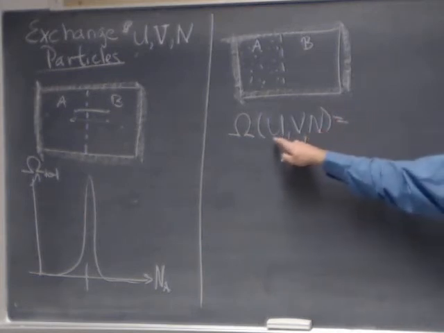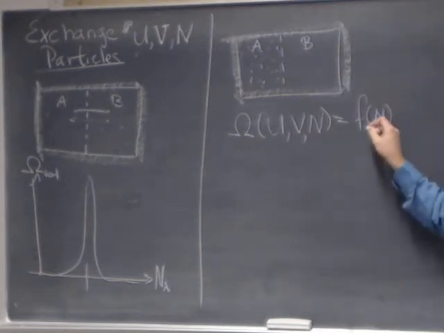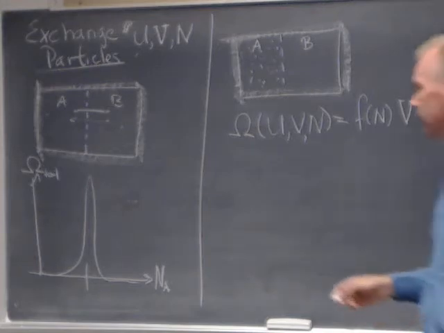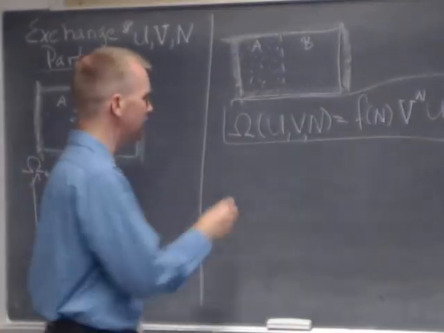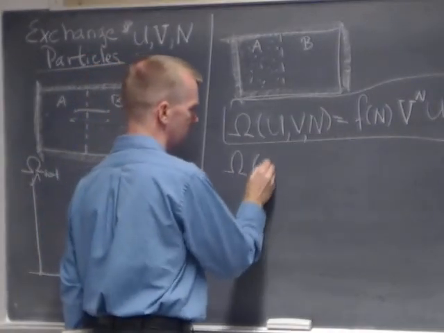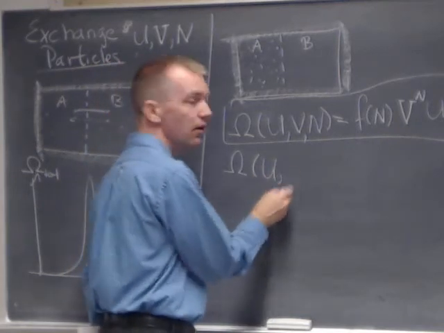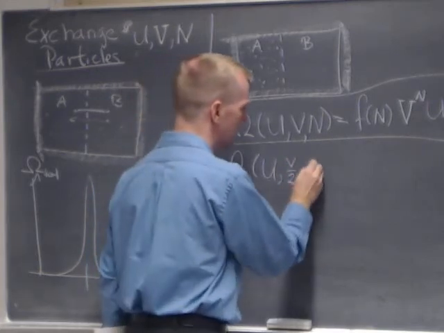Write out the multiplicity as a function of U, V, and N. Okay, so that is a complicated function of N, V to the Nth power, and U to the 3N over 2 power. So what's the multiplicity then of the system having the conditions total energy U, volume V over 2, and number N?